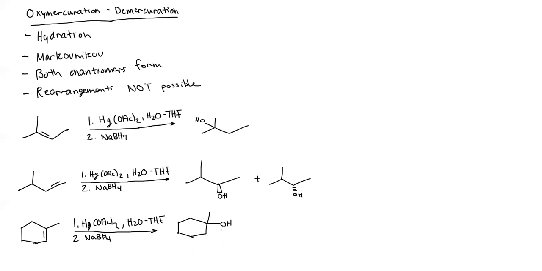And this isn't a chiral carbon, so I'm not drawing it on a wedge or a dash. That's it. So that's the entire reaction, right? As long as you know the reagents, there's not that much going on with this one. Okay. So don't be scared by the big list of reagents that we use for this. It's actually not too bad.